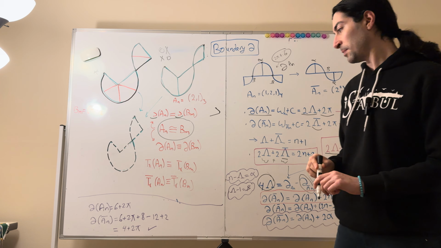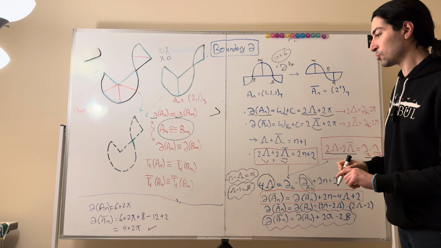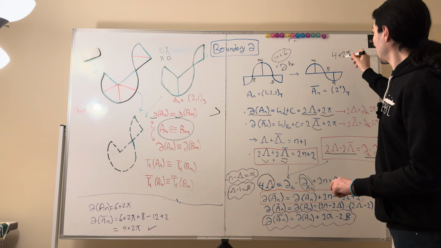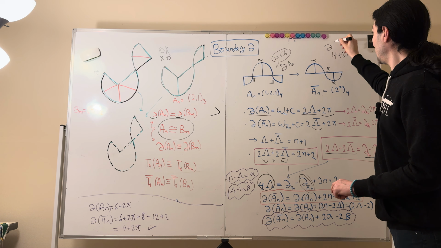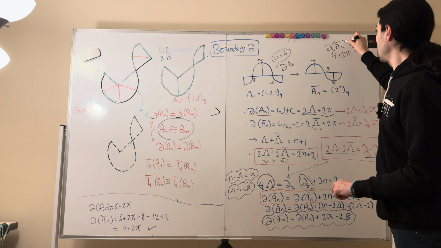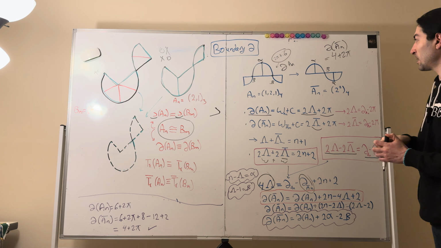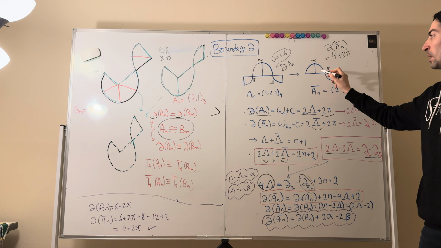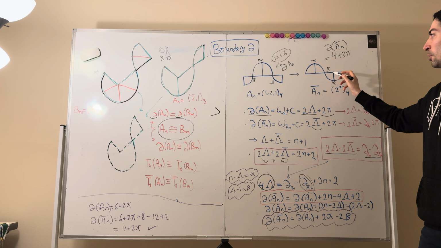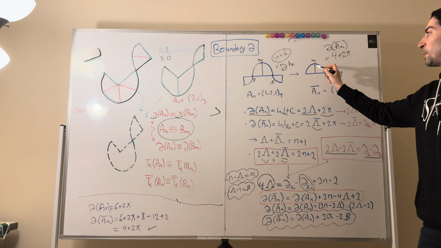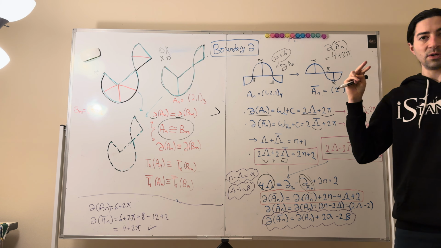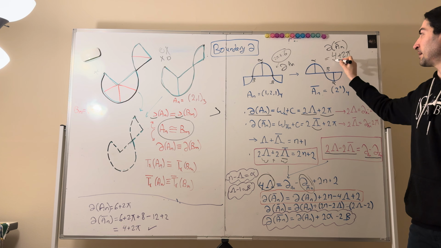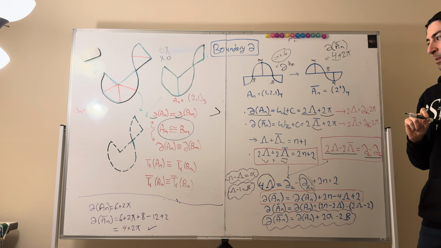So this simplifies to 4 plus 2 pi. This should be the boundary of conjugate an. Let's double check. This is 2 pi, and then we've got two parts, so the order is 2. 2 times 2 is 4, and that is correct. That is what we have here.